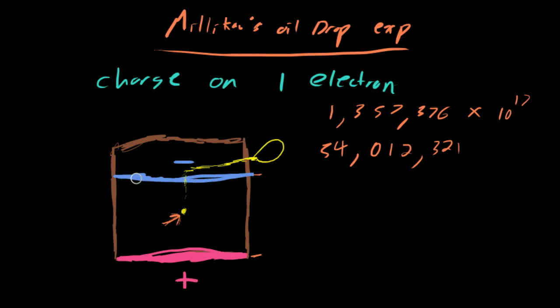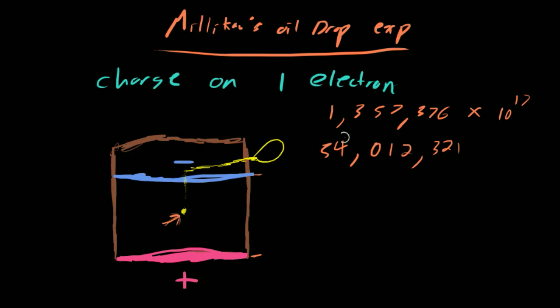They did, I think, several hundred trials to figure out what current would keep this drop of oil suspended. And the drop of oil kept having vastly different amounts of electrons in each charge.